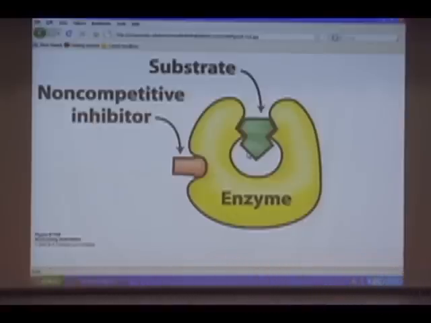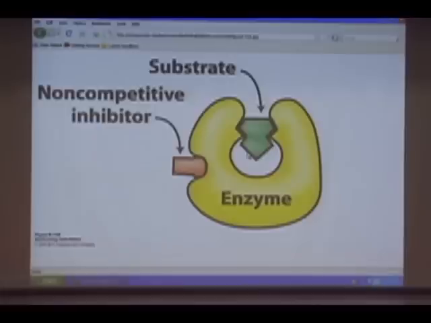The 100. Because Vmax depends on the amount of enzyme. In the case of the inhibitor, I knocked out 10 of those enzymes. So that tells us that when we have a non-competitive inhibitor, Vmax falls. It does not fall when we have a competitive inhibitor. With non-competitive inhibition, Vmax decreases.